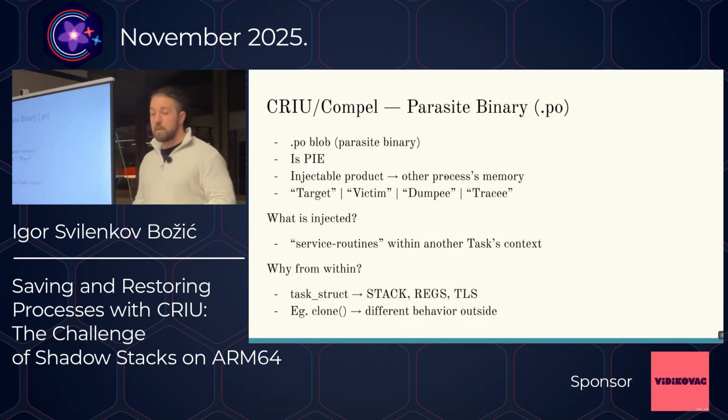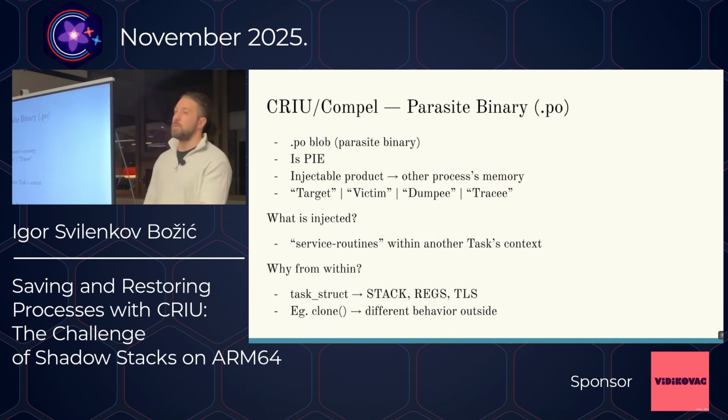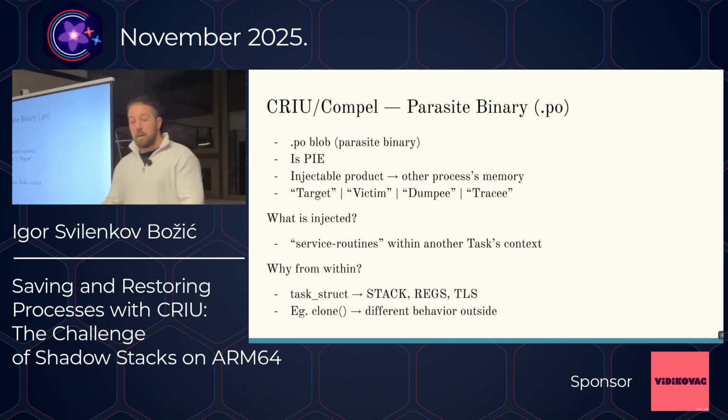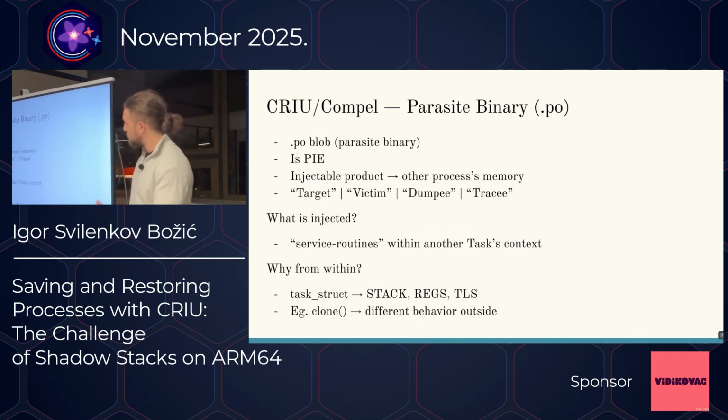So this parasite binary is denoted by the file extension .po, a position independent executable, and it's the product that's injected into the foreign process's address space, adjacent to the process itself. One important side thing: these 4 terms all mean the same thing. I would sometimes juggle them depending on the context.